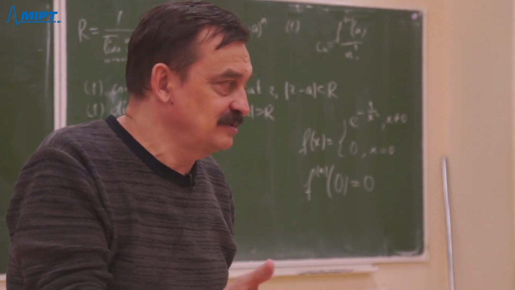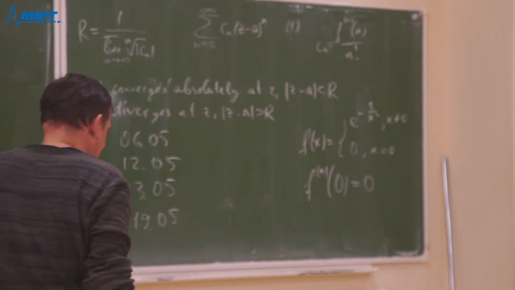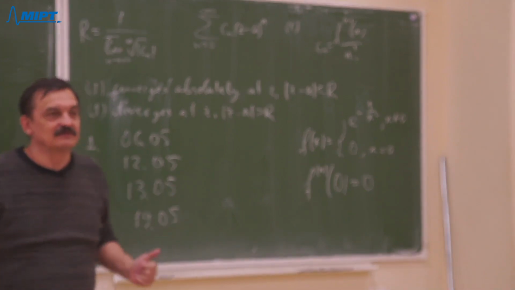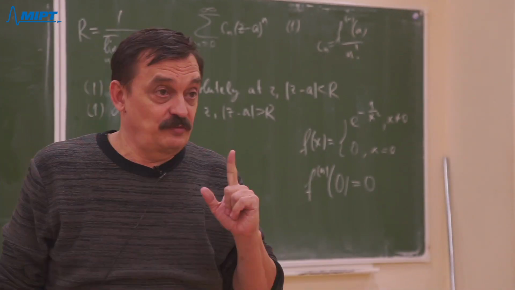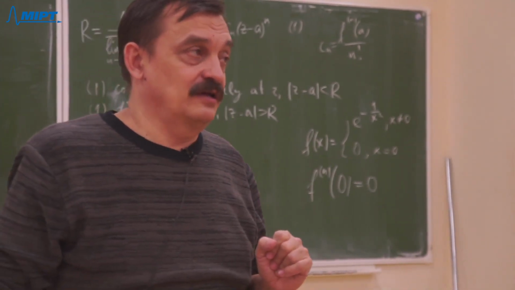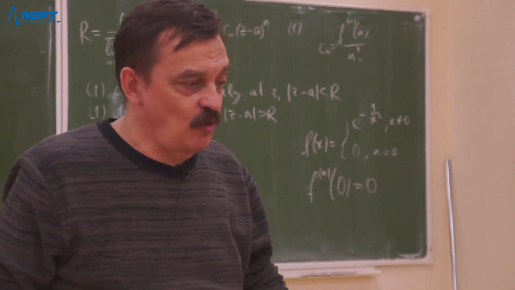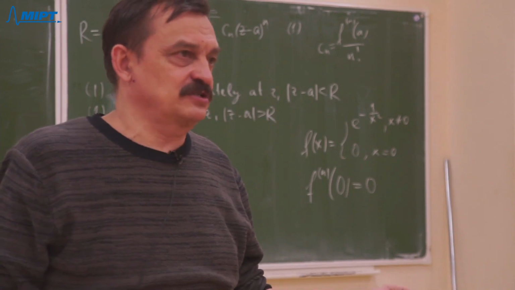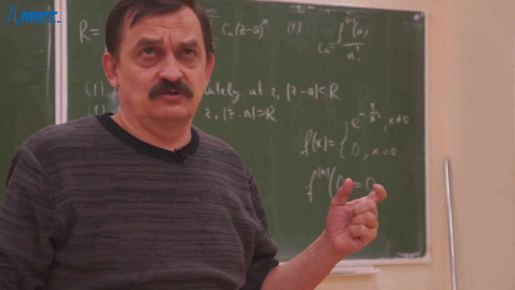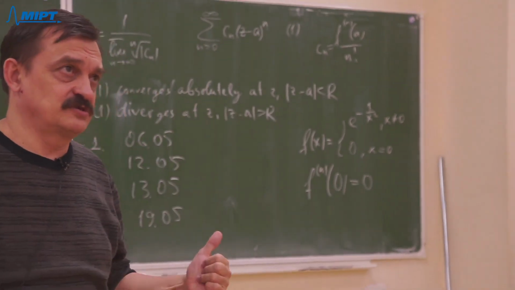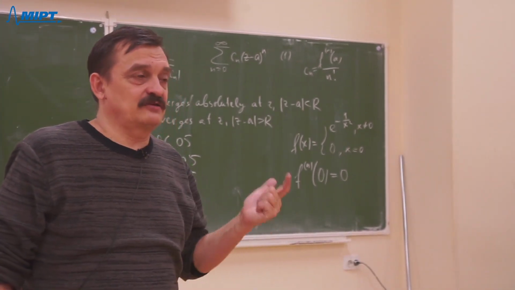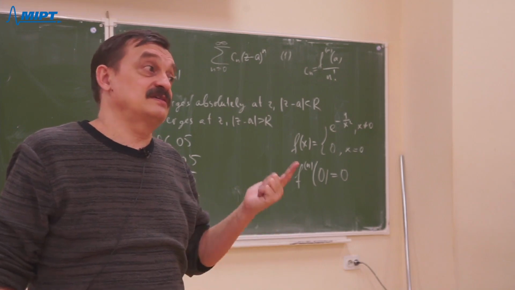Binomial expansion uses Taylor formula with integral form of remainder. All other expansions, exponent, sine, cosine, and logarithm, use: logarithm uses binomial, and exponent, sine, and cosine use this sufficient condition.